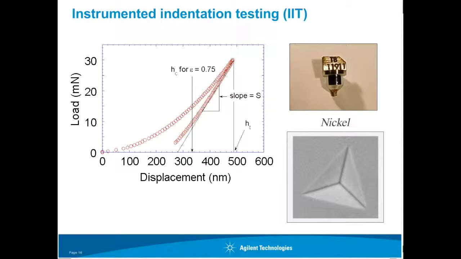We do get some elastic recovery, but we generally do not recover all of the displacement that we achieved. We have some permanent deformation, which allows us to see the residual impression like this, and we have some elastic recovery.